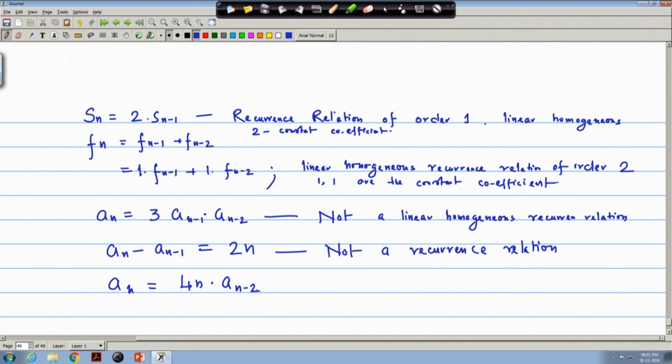Again this is a recurrence relation, but not with constant coefficient, because here the coefficient 4n is not a constant.